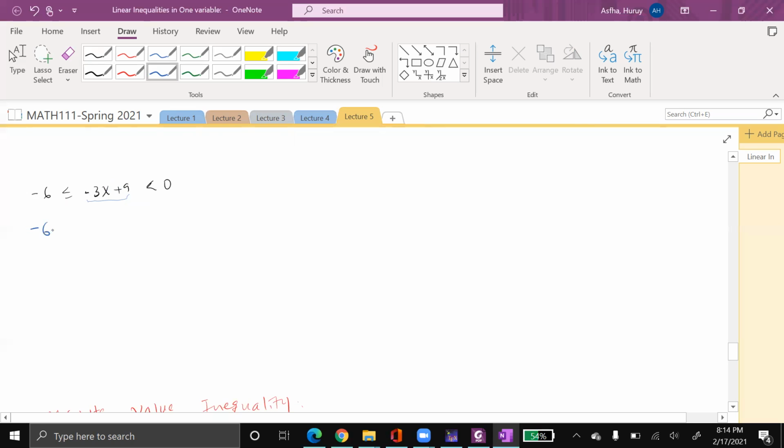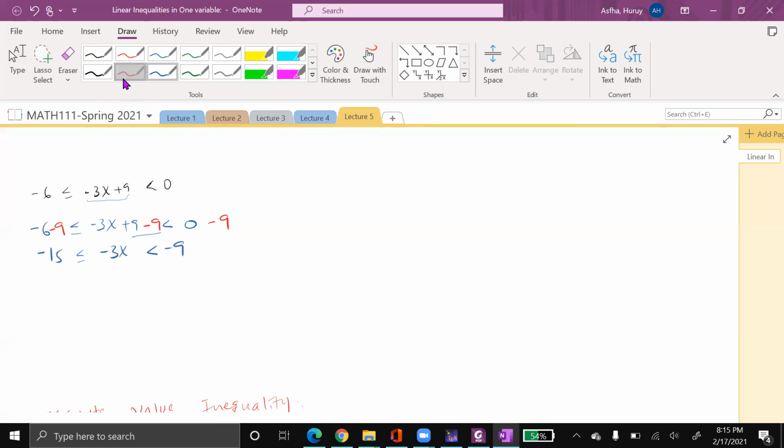So we have -6 less than -3x plus 9 less than 0. Now here I subtract 9 on all three of them. And then what do I have? Well, we just perform the operation, and this is -15, this is -3x, this is 0, less than -9.